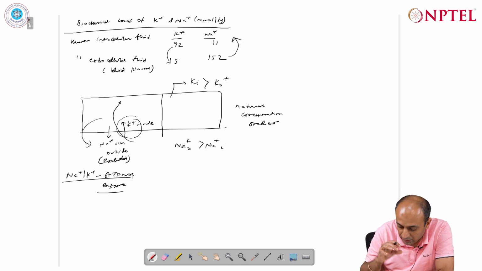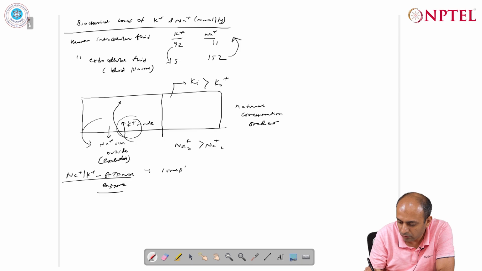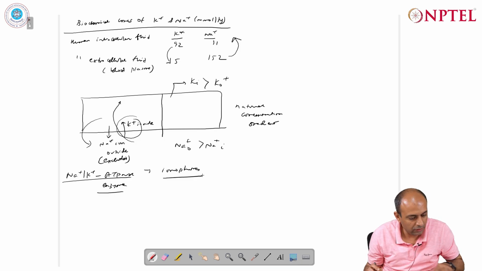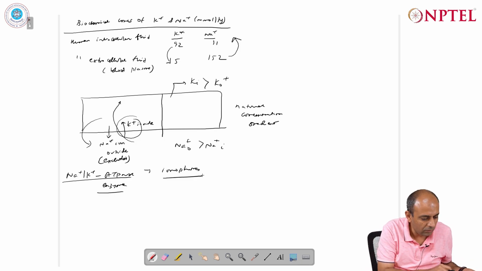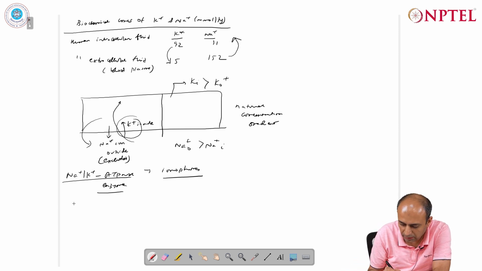And in the biological system, in the human system, this transportation of potassium ion and sodium ion against the concentration gradient is also done by a class of molecules referred to as ionophores, using a carrier mechanism.